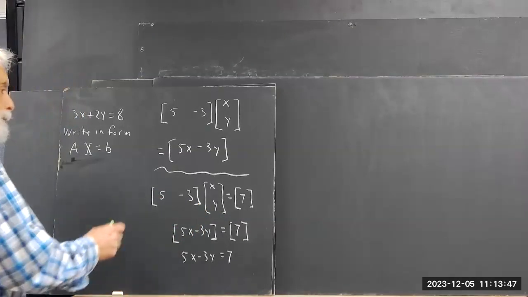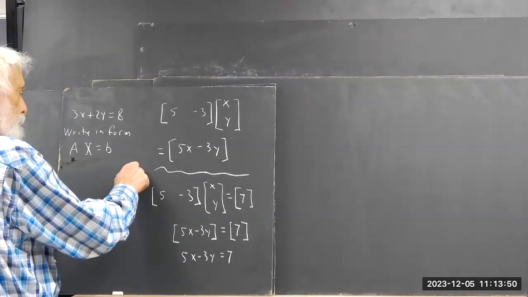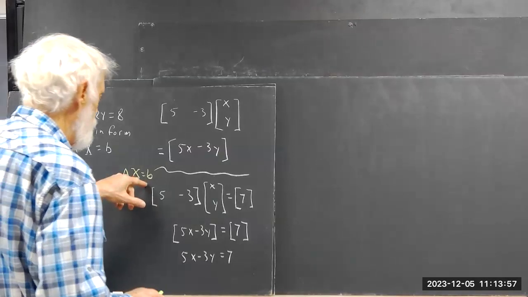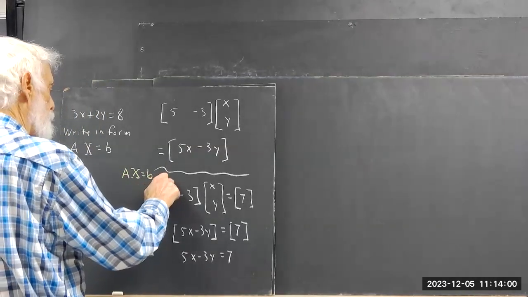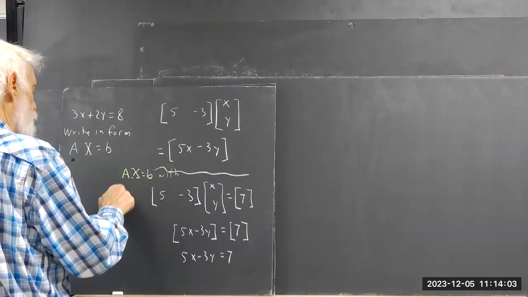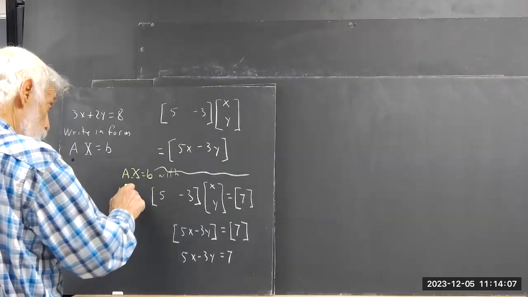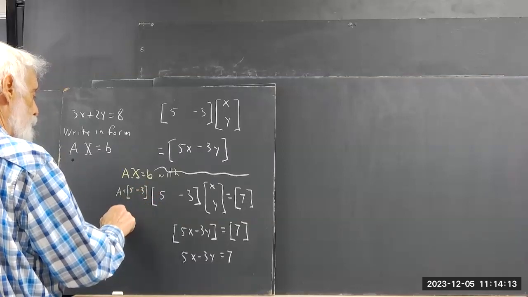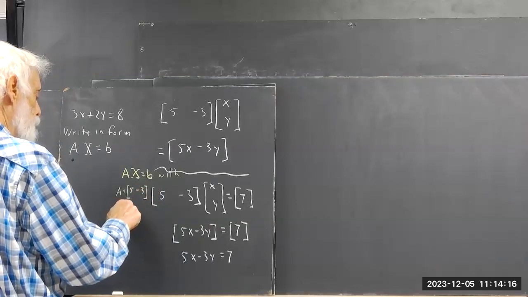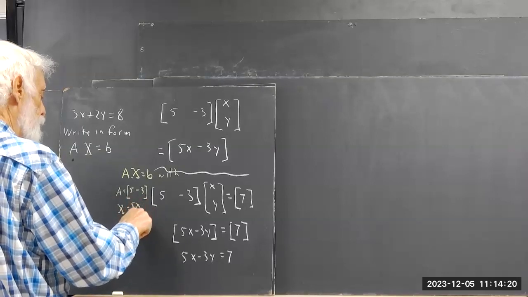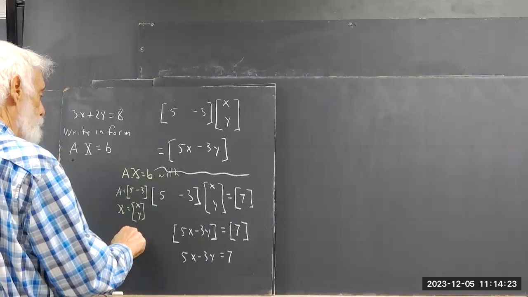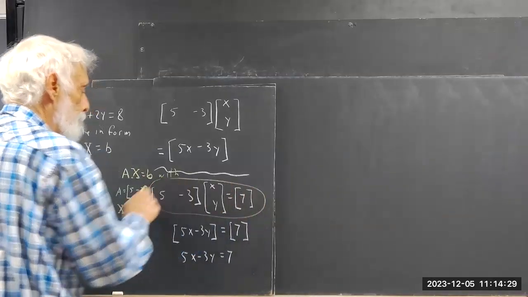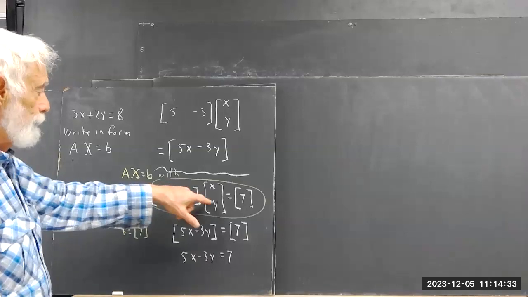This expression is of the form AX equals B, with A equal to the 5, -3 matrix, X equal to the column X, Y, and B equal to the matrix of 7. So here's A, here's your fancy X, and here's your B.